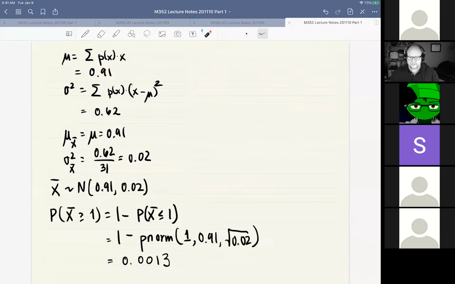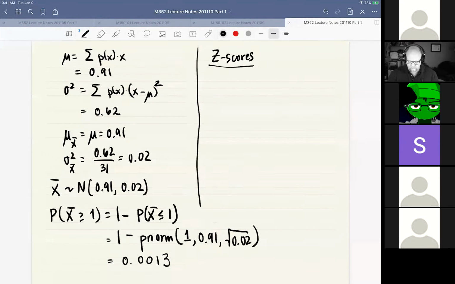This is the idea of a z-score. I've mentioned Z before in this class. Z is reserved for a very special random variable in statistics, and this is the random variable to which z-scores refer.